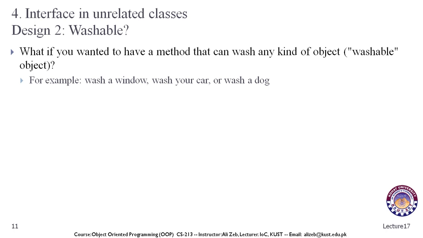None of these objects can possibly be subclasses of the cup class. And the problem is that the implementation of the wash method is provided in the cup class or any of its subclasses.